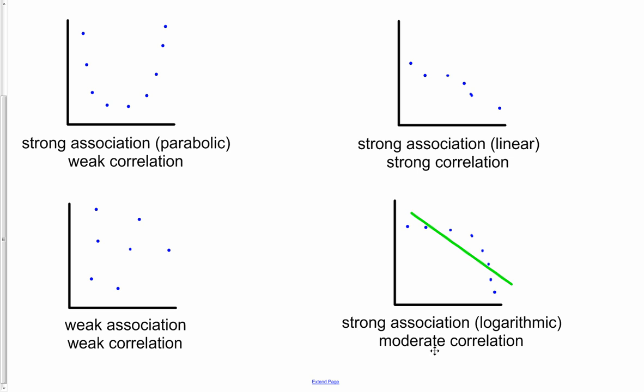To tell you why it was moderate, if I were to put a line in here, you can kind of see how these points mildly snap to that line. It's much better than, for example, the parabola up here, but again, it's not great correlation. It would fit much better with a logarithmic pattern than it would with a linear. So we'll say moderate correlation.